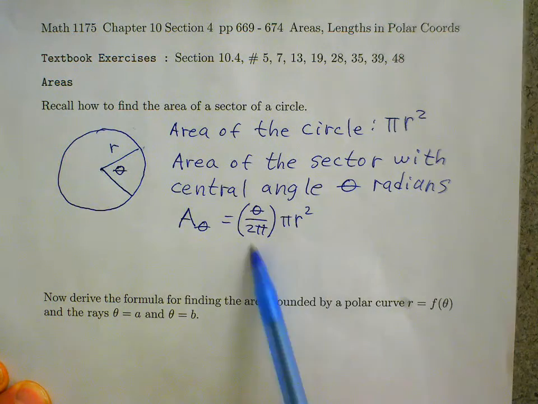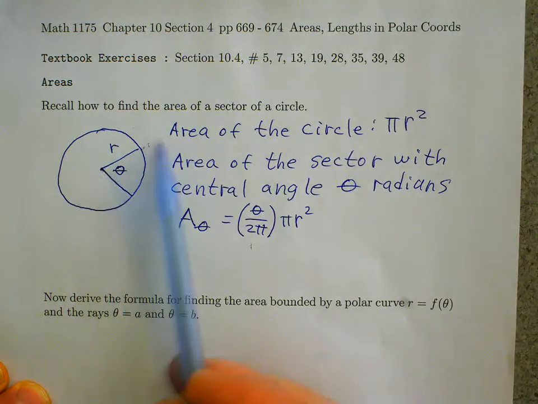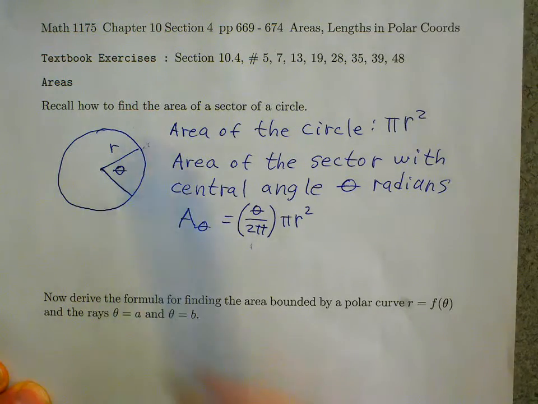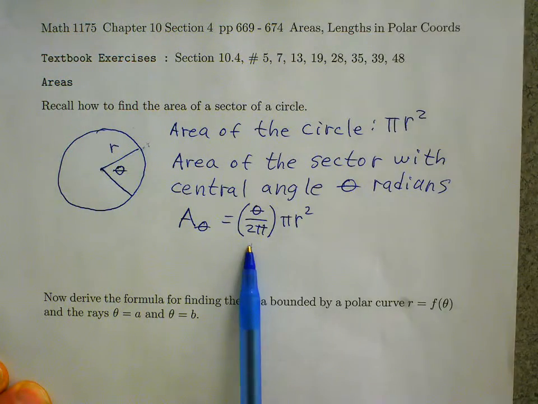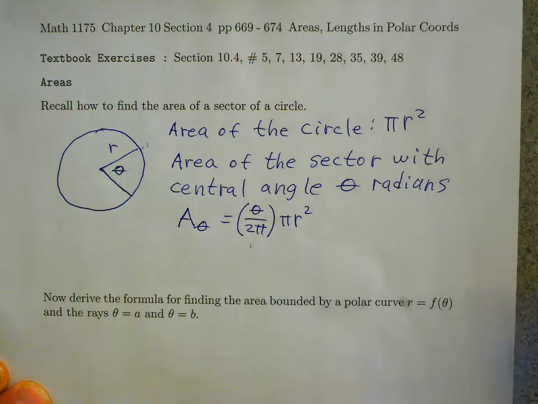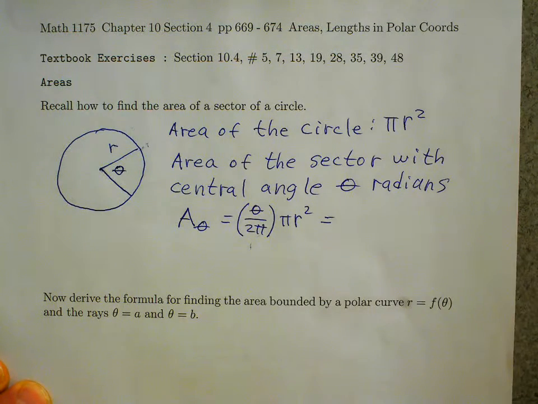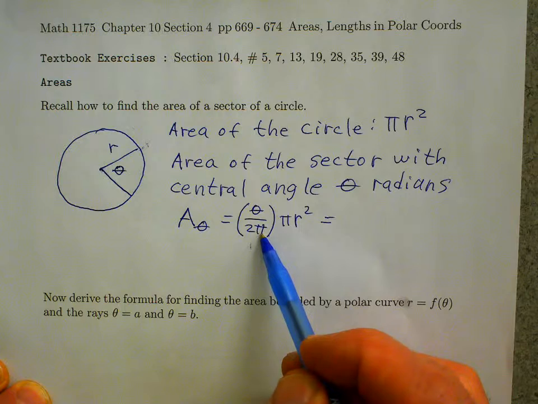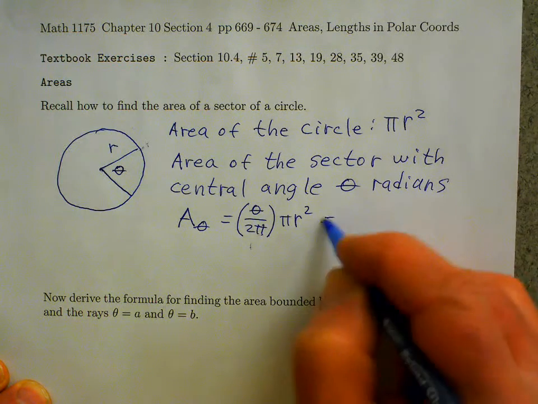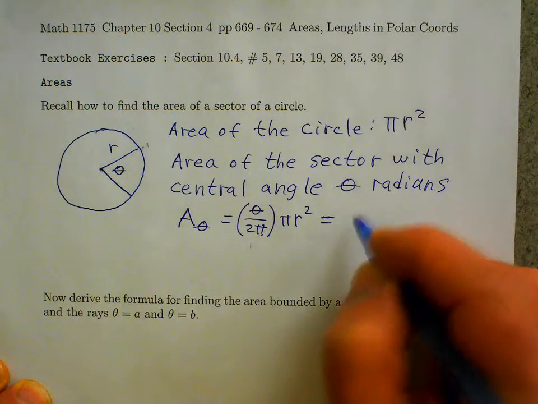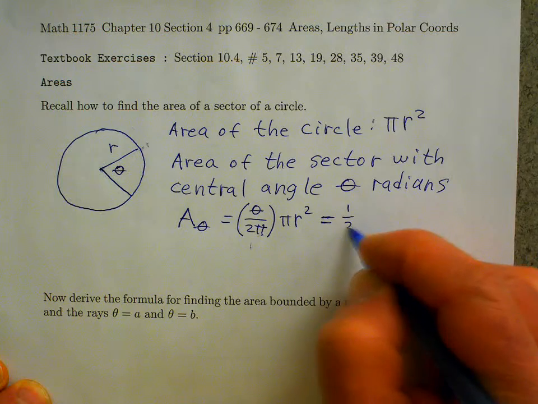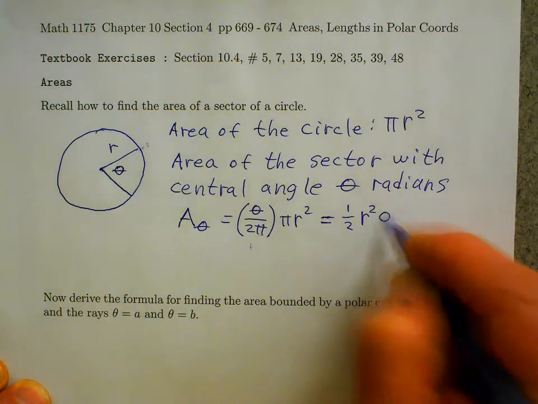Theta over 2 pi represents what fraction of the entire circle we're trying to find the area of. The pi units cancel. The number pi divided by pi is 1. And we usually see this written as 1/2 r squared times theta.